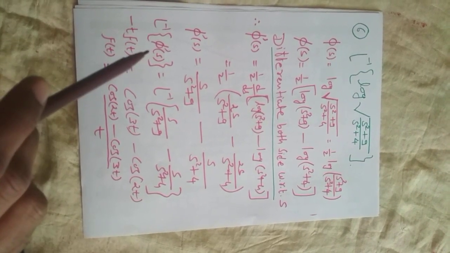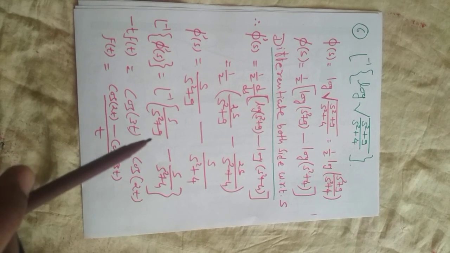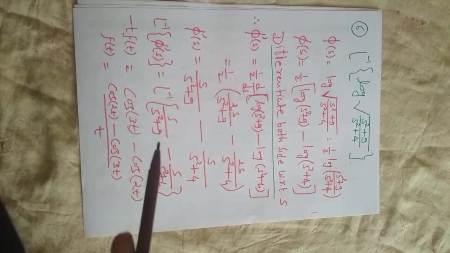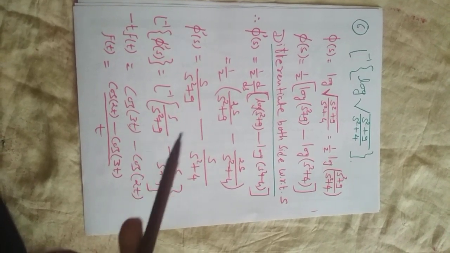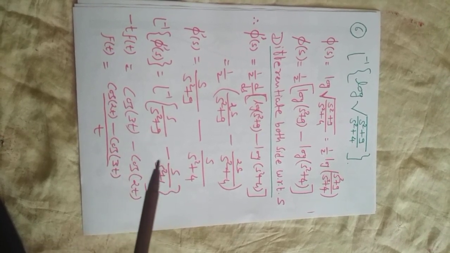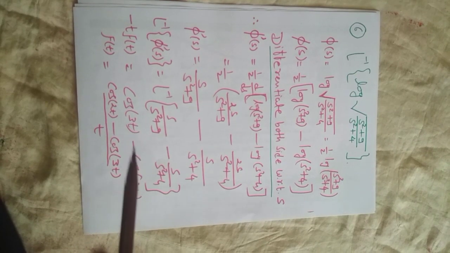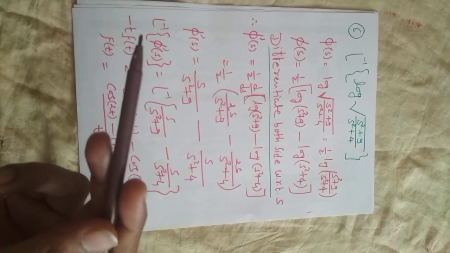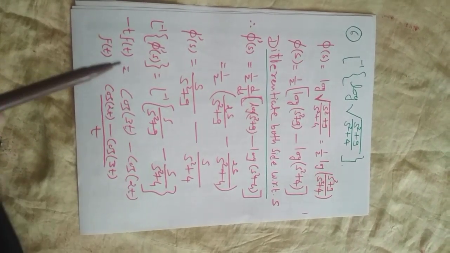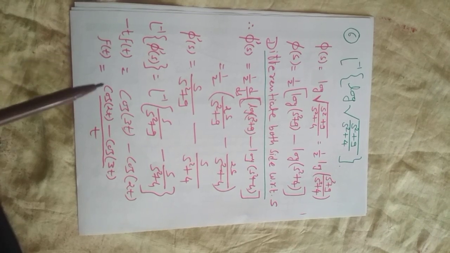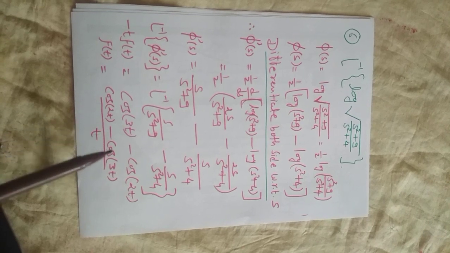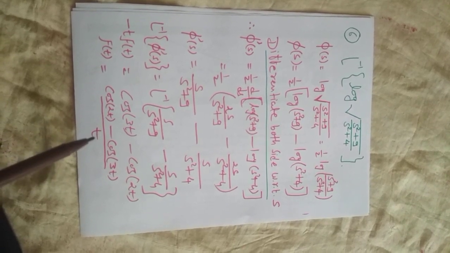L inverse of phi dash s equals L inverse of s upon (s square plus 9) minus s upon (s square plus 4). In this case, we know both inverse Laplace transforms. The inverse Laplace of s upon (s square plus 9) is cos 3t, and of s upon (s square plus 4) is cos 2t. This side is the inverse Laplace of the derivative of phi of s, so it will be minus t f(t). Finally, dividing by minus t, we get f(t) equals (cos 2t minus cos 3t) upon t.